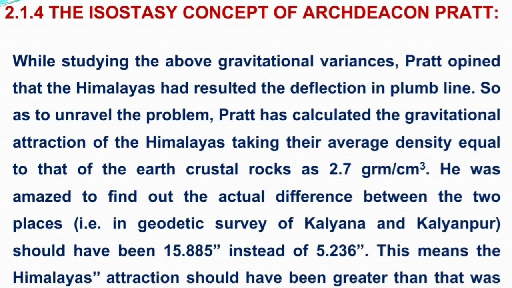He was amazed to find out that the actual difference between the two places, that is in the geodetic survey of Kalyana and Kalyanpur, should have been 15.885 instead of 5.236. This means that the Himalayas' attraction should have been greater than what was observed.